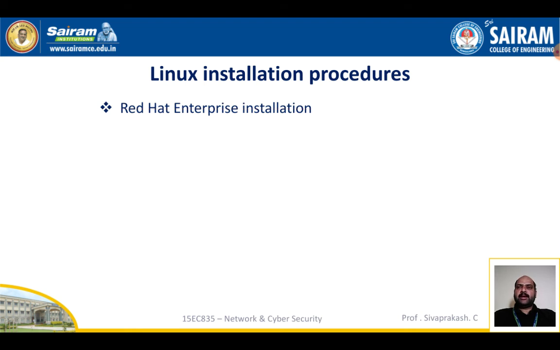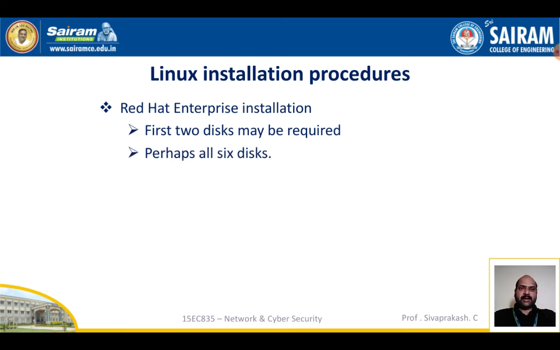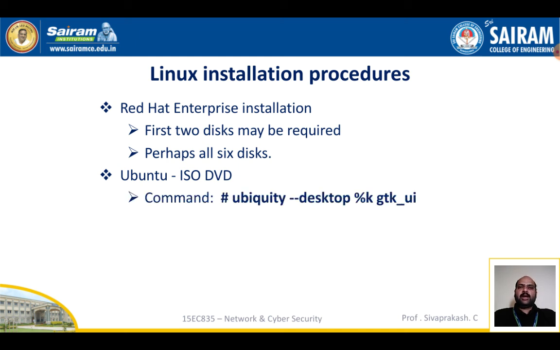So mainly, depending upon the chosen package, the first two disks may be required for Red Hat Enterprise installation, perhaps all 6 devices. Ubuntu running as an ISO DVD can install itself onto a hardware desktop through a command like ubiquity --desktop.